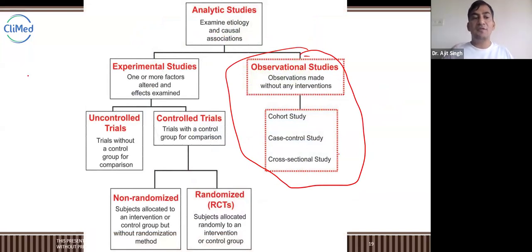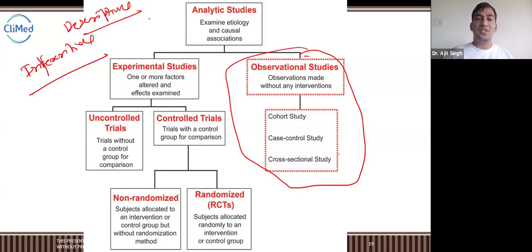There is something called inferential statistics, and there is something called descriptive statistics. In the observational studies, these three types, only descriptive statistics applies, like parametric tests such as the paired t-test or independent t-test or maybe the ANOVA, right?